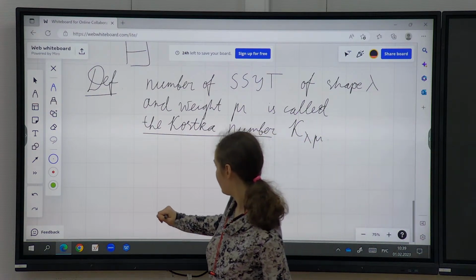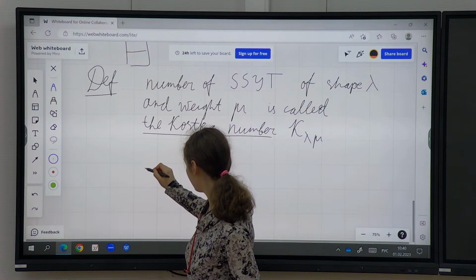So our theorem can be restated as follows.